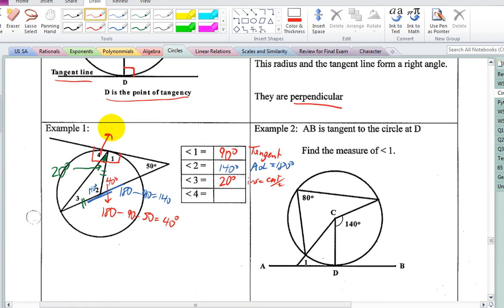So angle 4 is 70 degrees. We call that complementary. Complementary angles add up to 90. So angle 4 plus 20 degrees must equal 90 degrees, so we say those two angles are complementary.